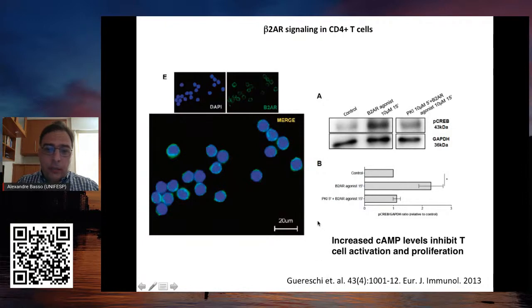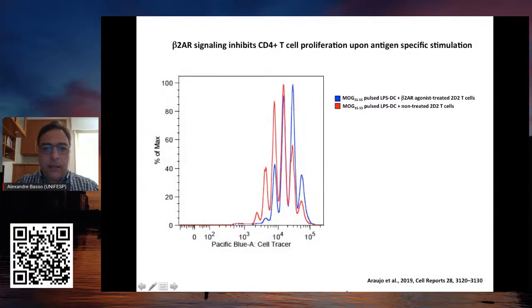So this is an indication of increased intracellular levels of cyclic AMP upon beta-2AR activation in these cells. And we know from the literature that increased cyclic AMP levels inhibit T cell activation and proliferation through at least two different described mechanisms. So again, this is exactly what we found in our case. So here we are looking at a proliferation assay in which we had LPS-activated dendritic cells pulsed with MOG35-55, and they are presenting antigens to 2D2 T cells.